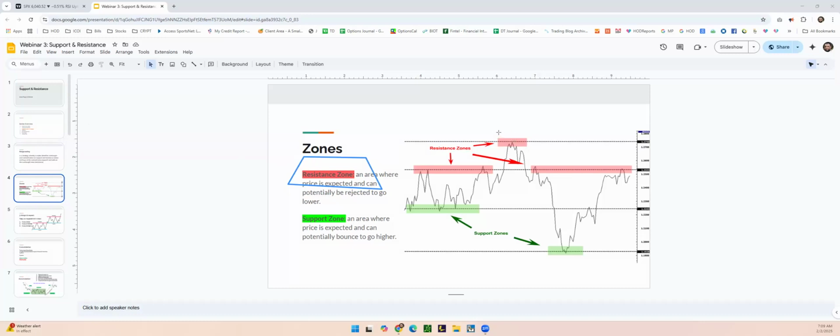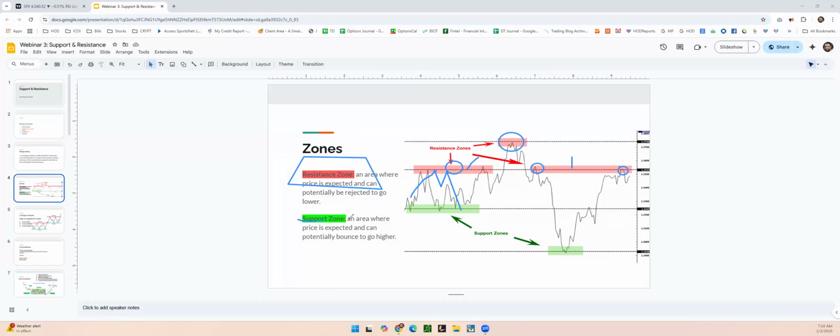For example, this is an arbitrary chart right here where resistance zones are available in different areas. You can have different areas where the resistance zones where price basically will touch that area. And then after that, it'll either hit it, completely reverse, come back and retest, or go all the way back down to your support areas. So these areas in red right here are resistance zones where price rejects.